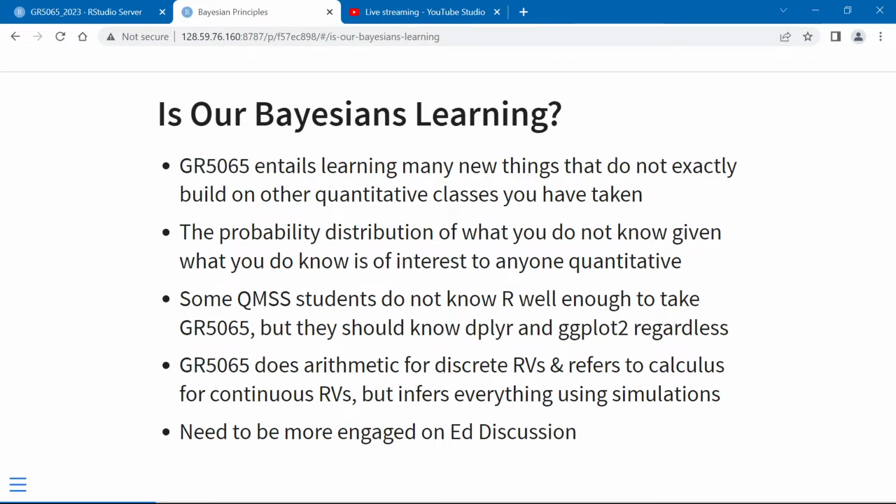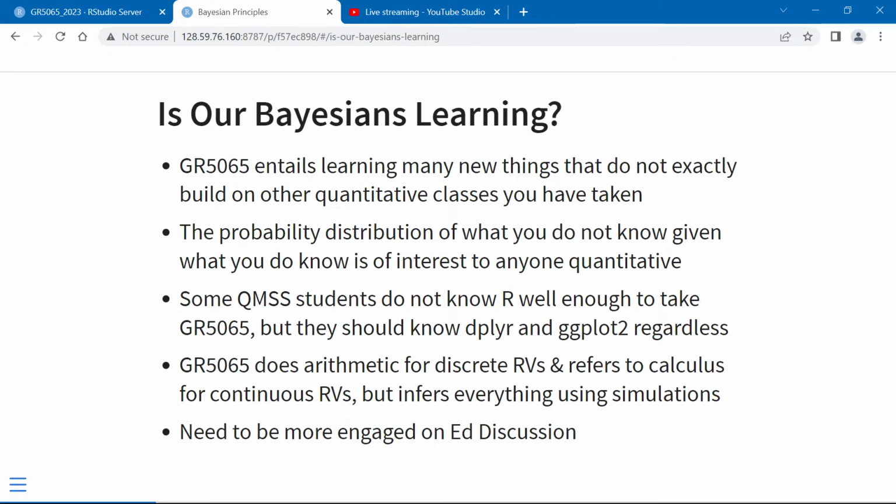And honestly, some QMSS students don't know R well enough for this class, but really they should know dplyr and ggplot2 and tidyverse well enough, or at least a little bit, regardless of this class.